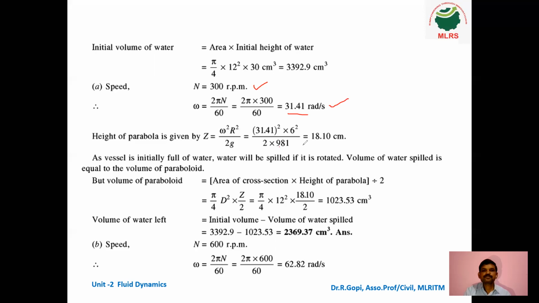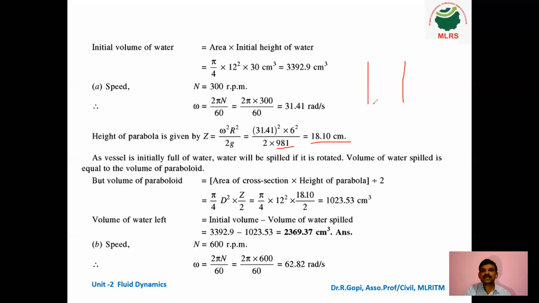But in terms of centimeter, it is 981, because here we are substituting all the values in terms of centimeter. In terms of meter, it is 9.81. So substitute 981 as it is. Finally we get an answer of 18.10 centimeter. So this is the depth of the parabola.